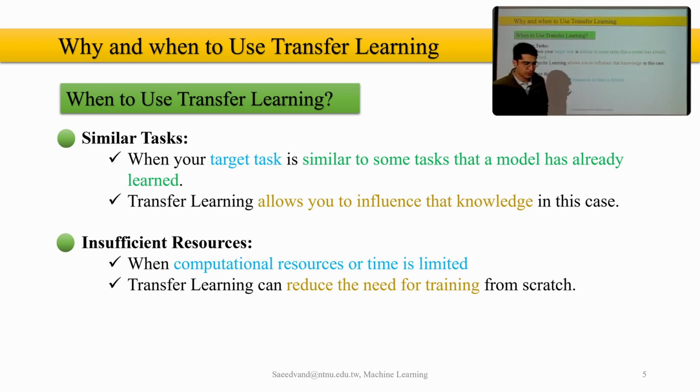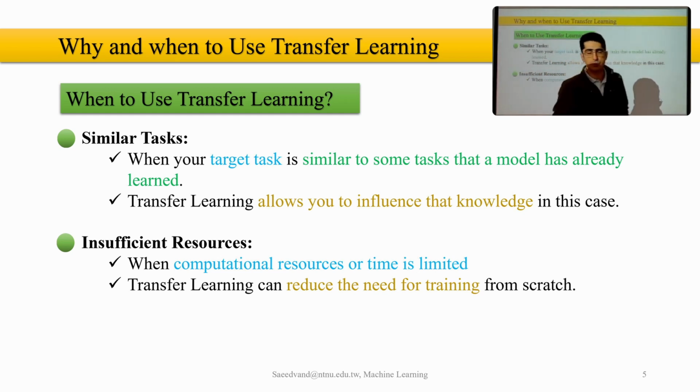The computational resource. If you want to train millions of data on your network, of course this takes weeks on very strong GPUs, for example. So that's very costly. Let's say you know all the parameters, hyperparameters, fine-tuning, and in one shot you want to train it, but it takes weeks.